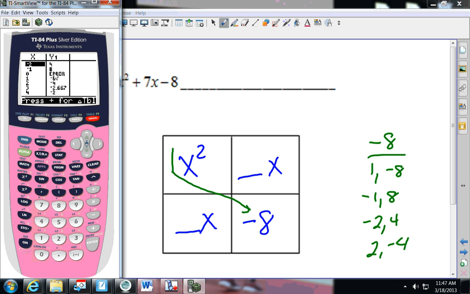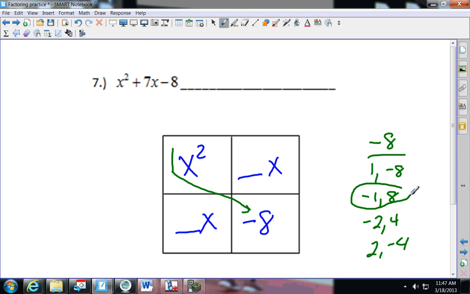So I should be able to add my whole numbers. Right here, I've got negative 1 plus 8. Negative 1 plus 8 is a positive 7. That means that this is supposed to be my factors. So what I'm going to do here is I'm going to put negative 1 and 8. And it doesn't matter where you put it at. Now, x squared splits up as x and x.